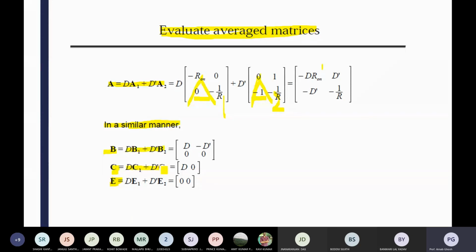What is C? C equals D C1 plus D' C2. What is E? E equals D E1 plus D' E2. So you can replace them and finally you will get the matrices. All the values are there.